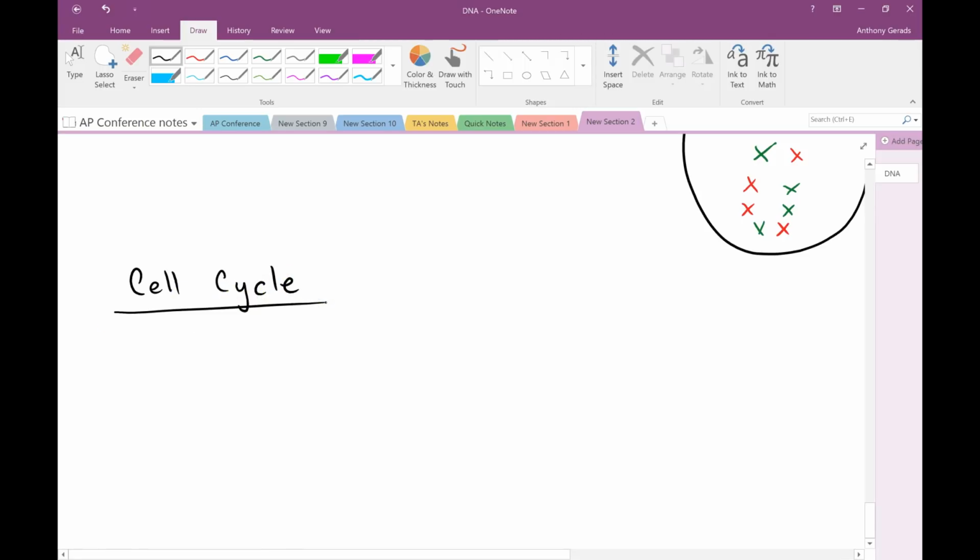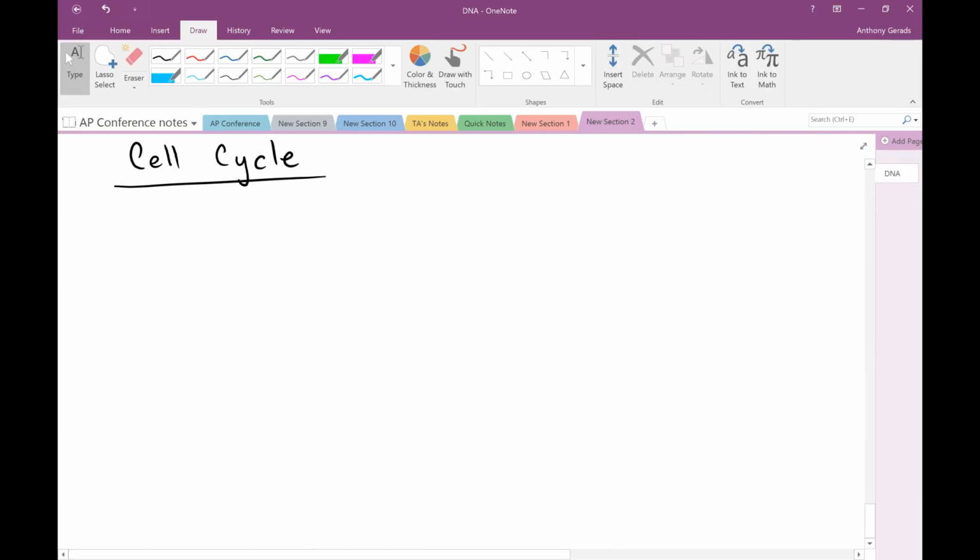So the cell cycle. I've got a couple stages. So if I look at all of the cell cycle, my very, very first stage is going to be called G1, or gap 1. And what happens there is growth. Okay? After G1, something happens before the S phase.